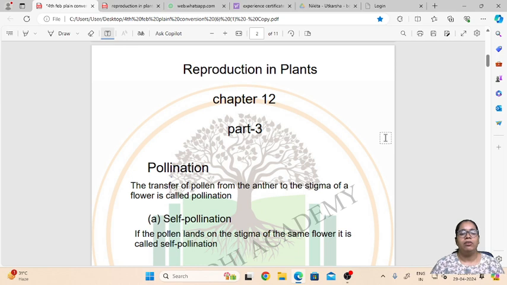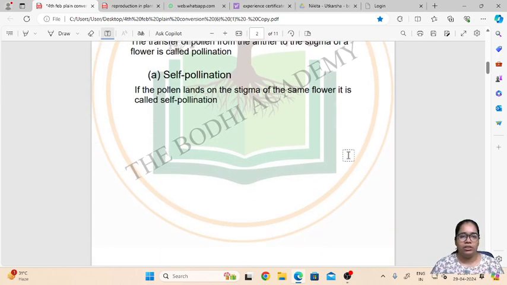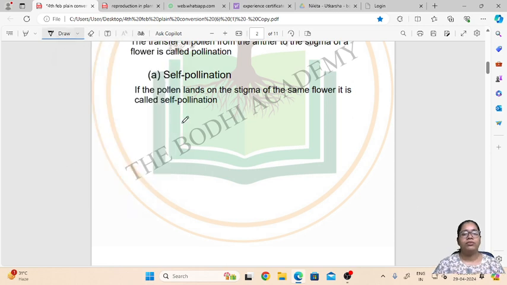The first type of pollination is self-pollination.